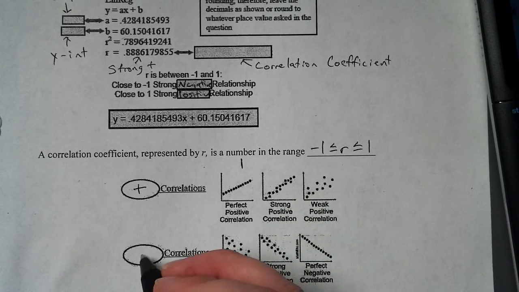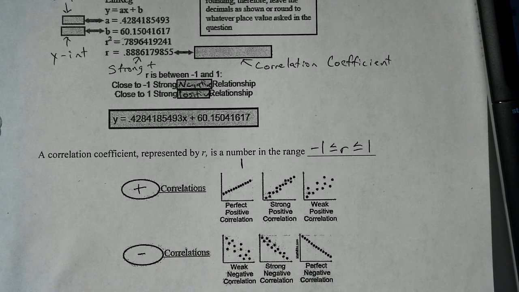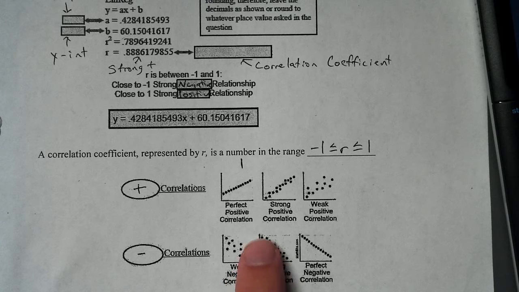Now we've got our negative correlations. A weak negative correlation, maybe this is like -0.1, or it's closer to 0 than it is to -1. A strong correlation for negatives is going to be close to -1, so -0.9, -0.8, -0.7.